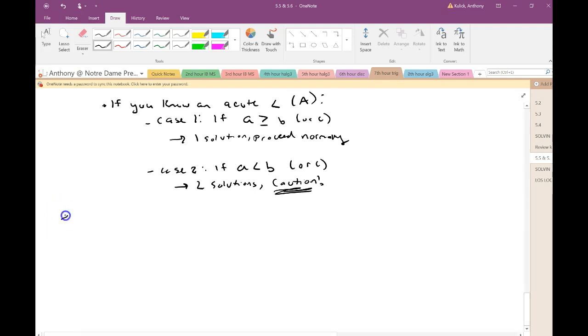So let's do a couple of examples here. Well, the way time is going, really one. Let's do this one, where we actually get to see the two solutions pop up.